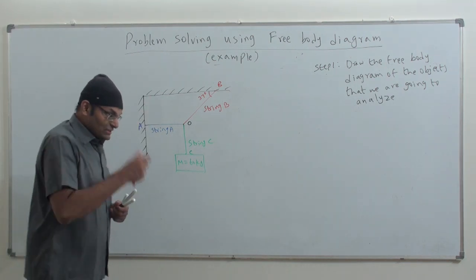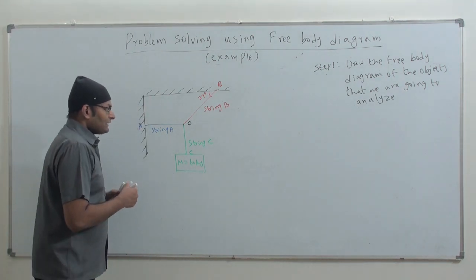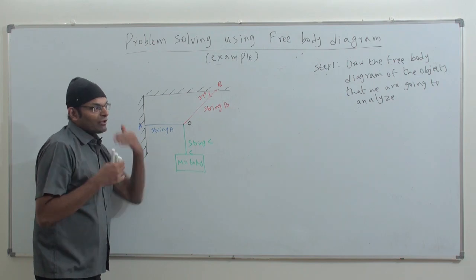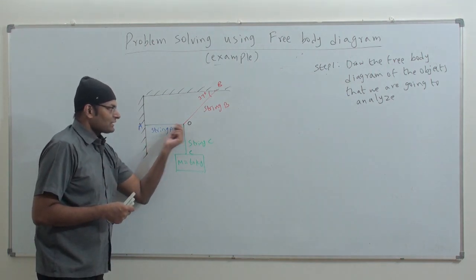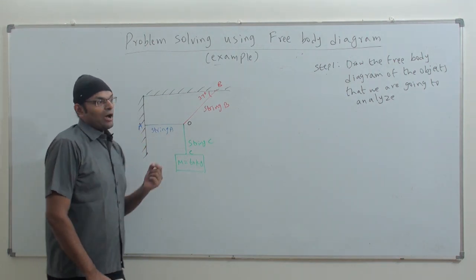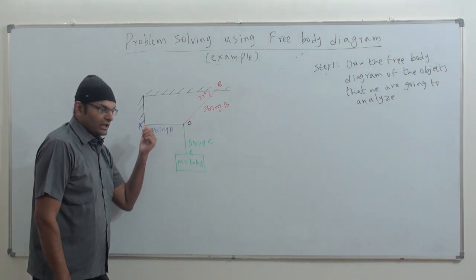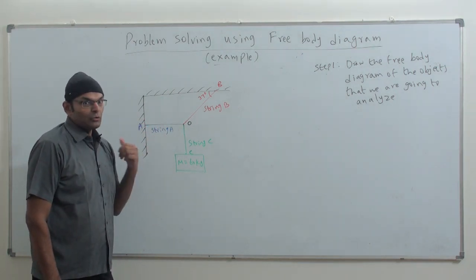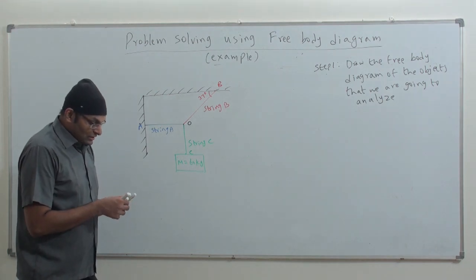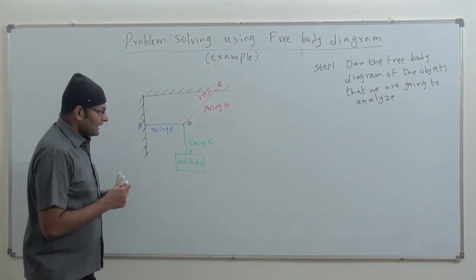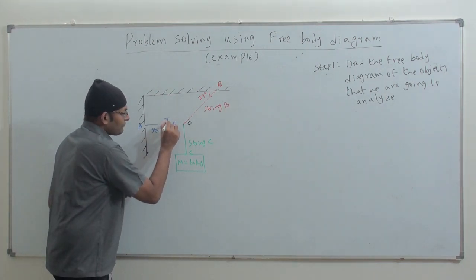In the previous class, I told you that tension always acts away from a point. For example, let us take this point O. If I am asked to find the tension acting on string A with respect to O, I say that the tension will be acting in a direction that is away from the point.